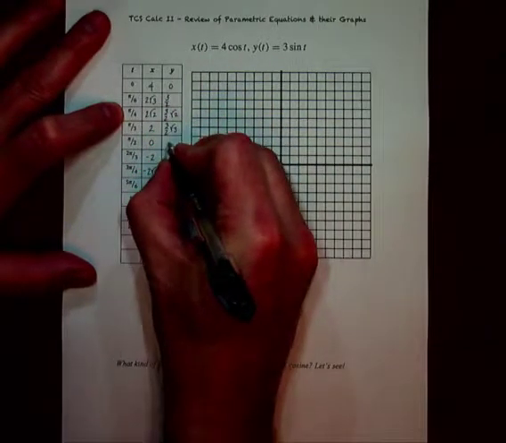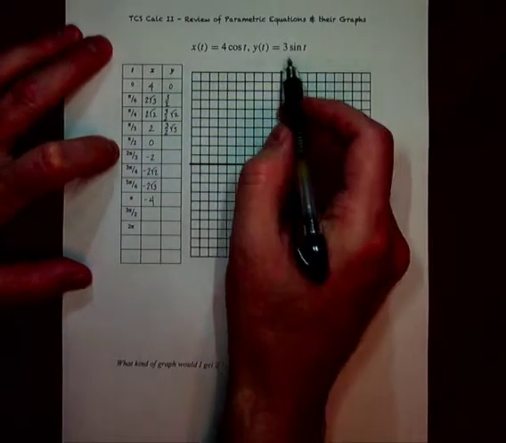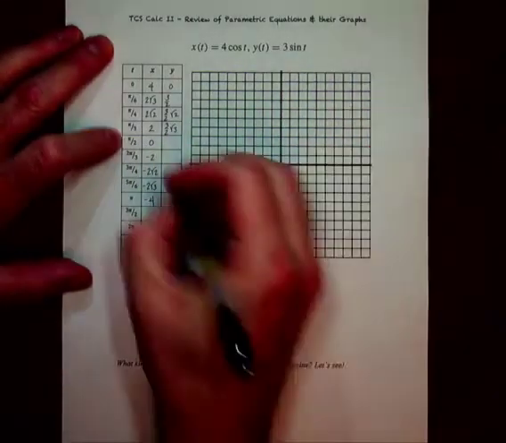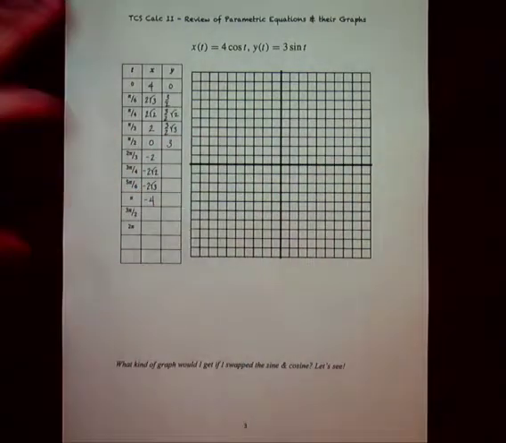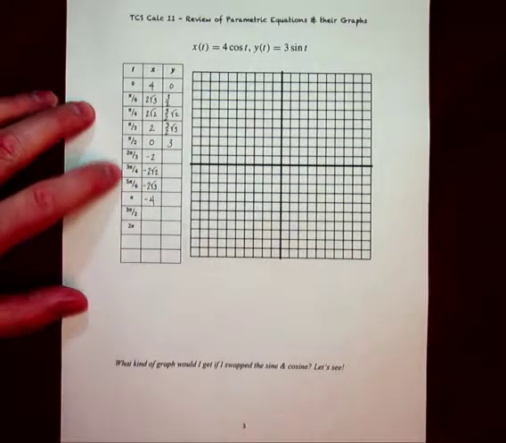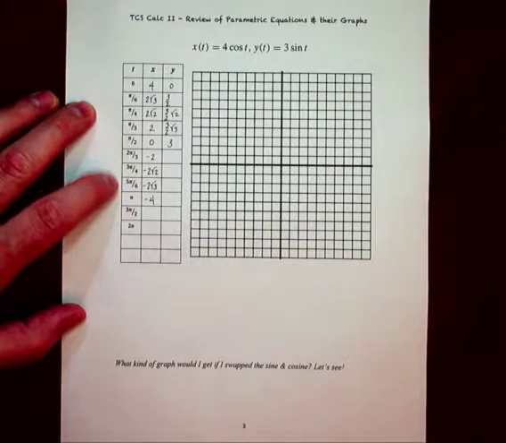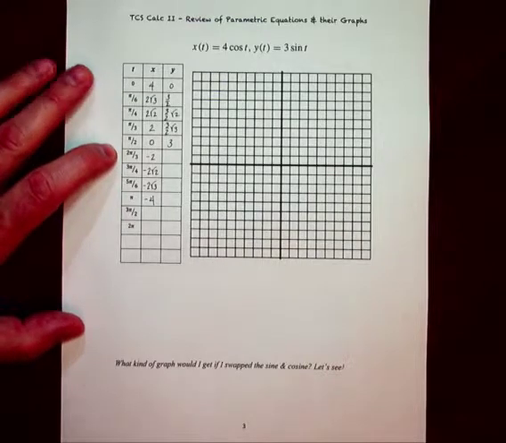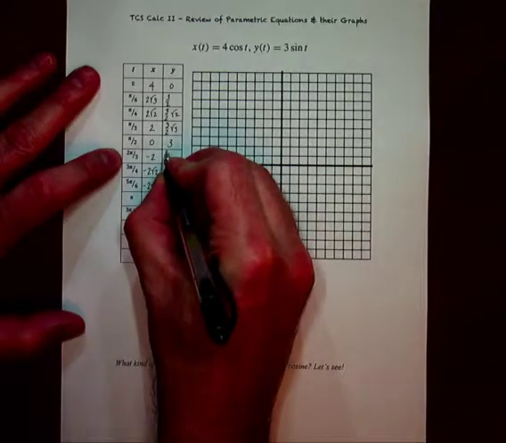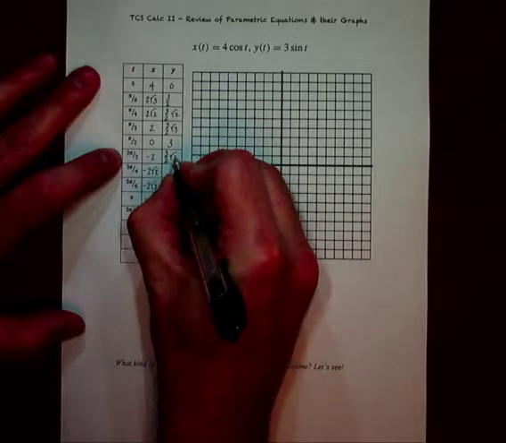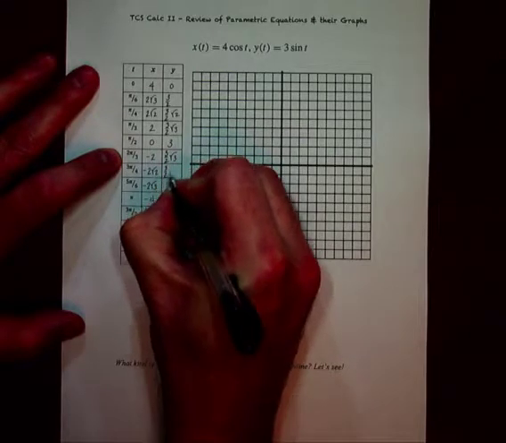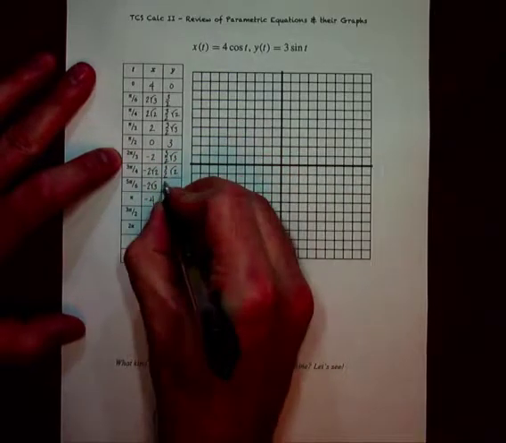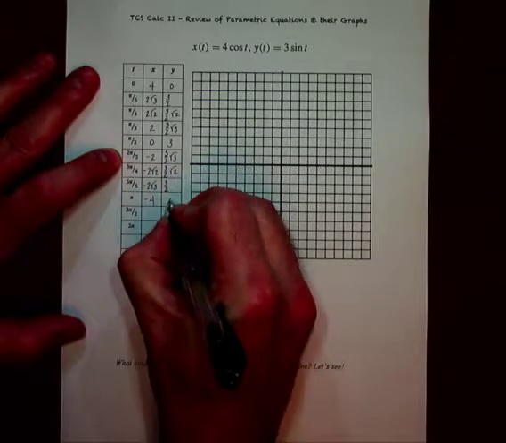And then, of course, that's going to be 3 times sine of pi over 2, which is going to be 3. Now remember, here you're getting into the second quadrant, but sine is still positive there. So we have, again, those values. They're going to be repeating in reverse order, but they're again going to be positive.